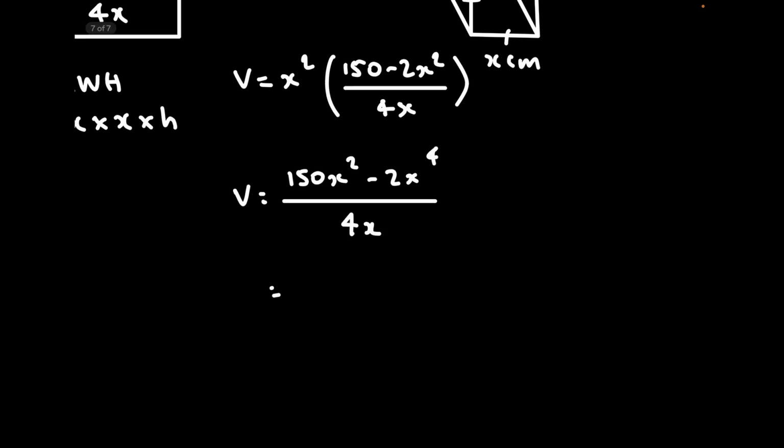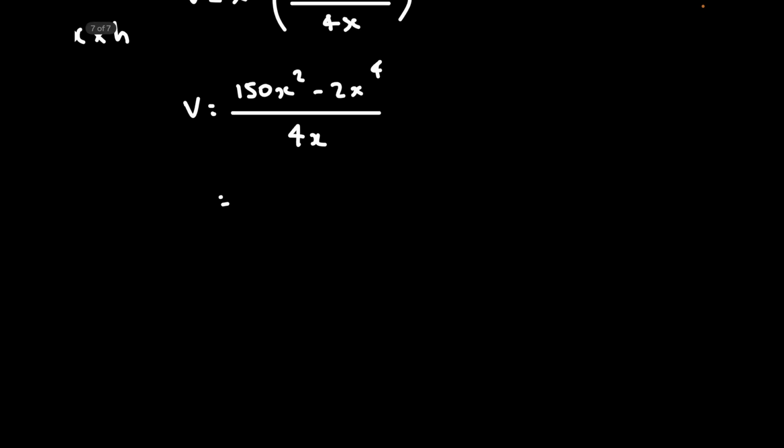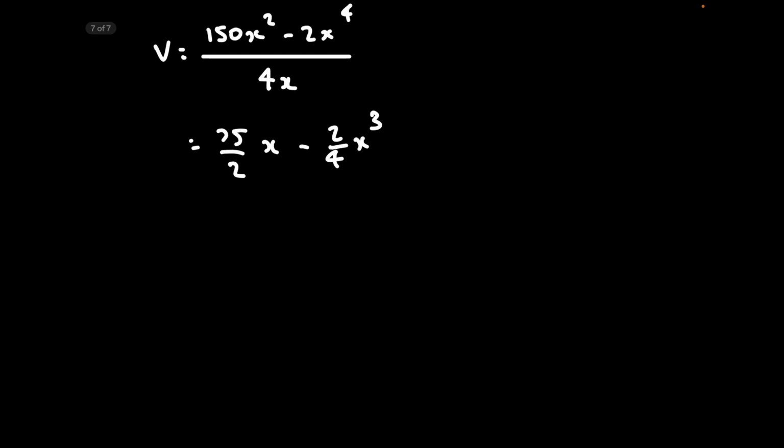This then simplifies if you want to rewrite it as a polynomial. 150x squared divided by 4x, that's the same as 150 on 4 x minus 2 on 4 x to the 3. We know 150 on 4 is the same as 75 on 2, so I'm just going to write 75 on 2. And then 2 on 4 is the same as a half. So our volume equation is simply this.